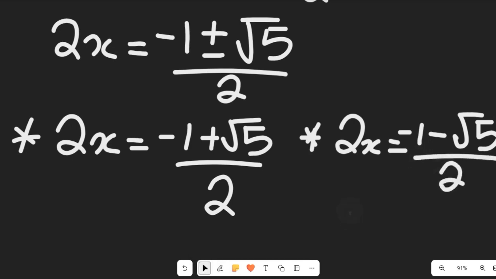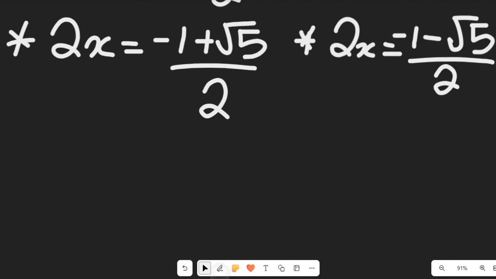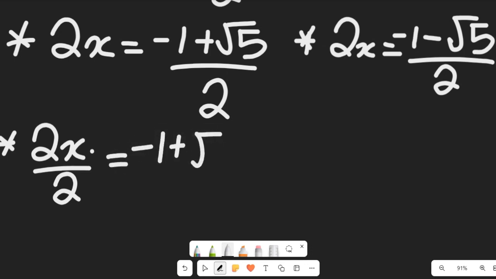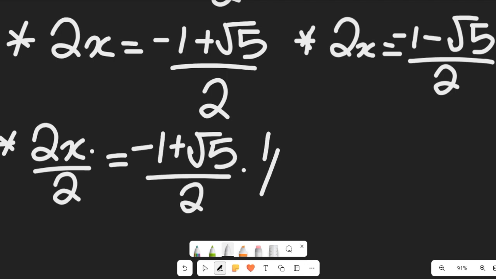So these are the two solutions we can get from this expression. From the first case, we can say 2x divided by 2 will give us the value of x equal to -1 plus square root of 5 divided by 2, and all these will be divided by 2.